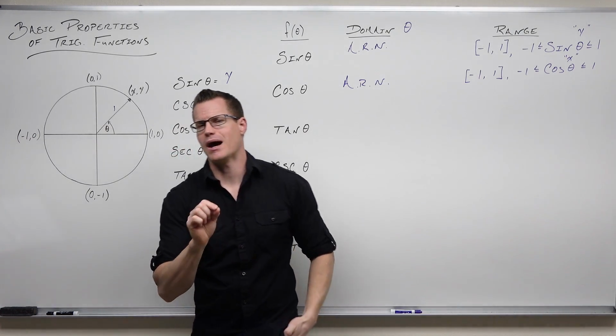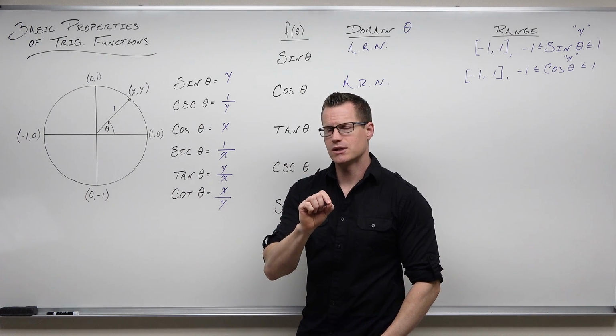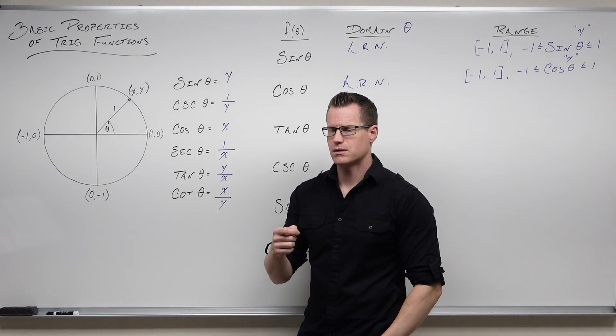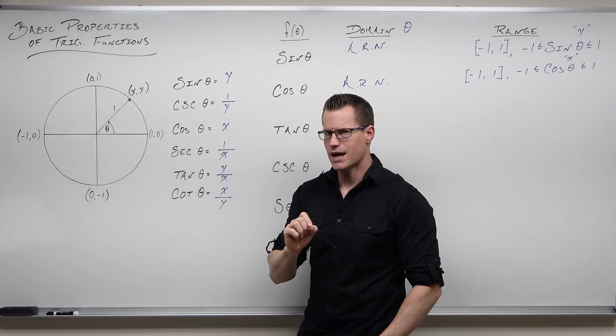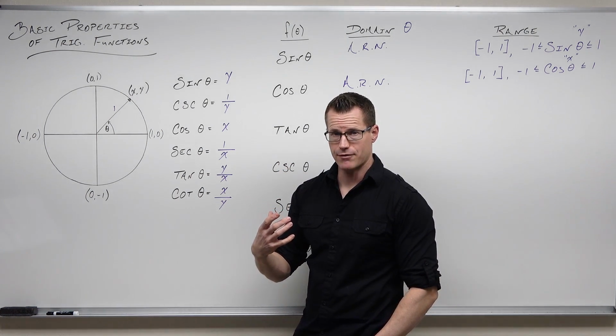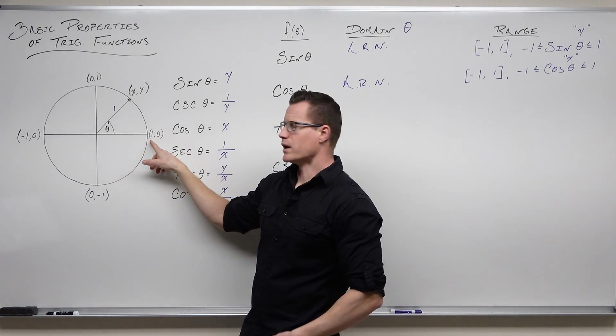So we're going to take a look at some outputs for tangent that we really shouldn't allow. Remember that tangent is y over x. And so we're going to look for this as, all right, if it's y over x, then where our x is 0, we have a problem. So let's start taking a look at our unit circle. Here our x is 1, that's no problem.